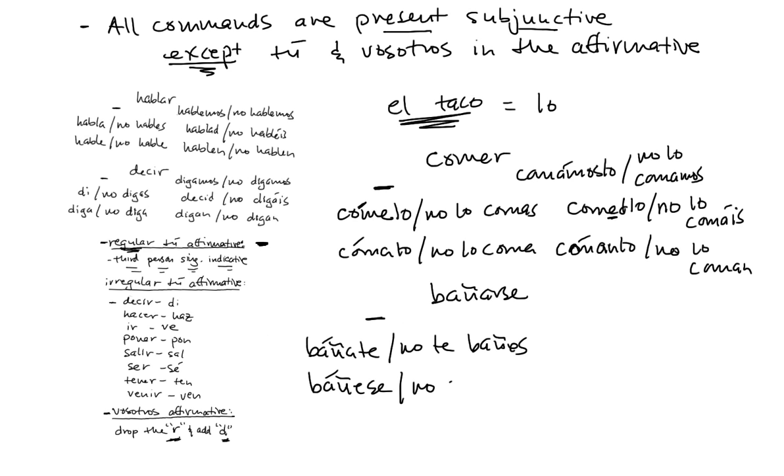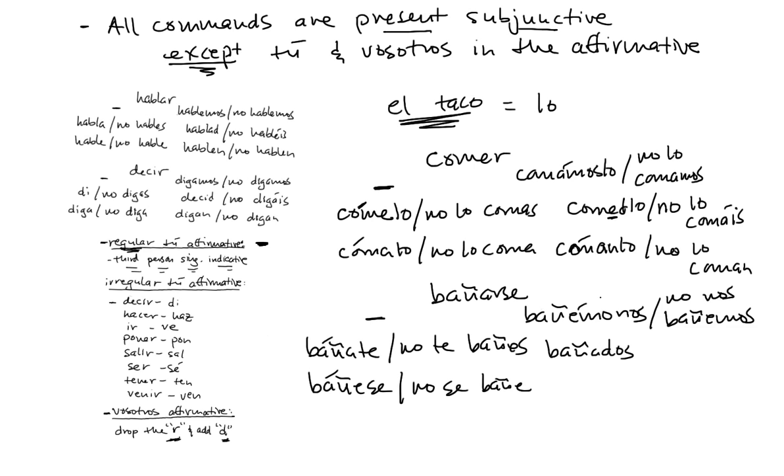And no se bañe. Nosotros, bañemos. Oops, that's not right. I want the accent there. Actually, we dropped the S here with the reflexives in the nosotros. Bañémonos. Negative. No nos bañemos.